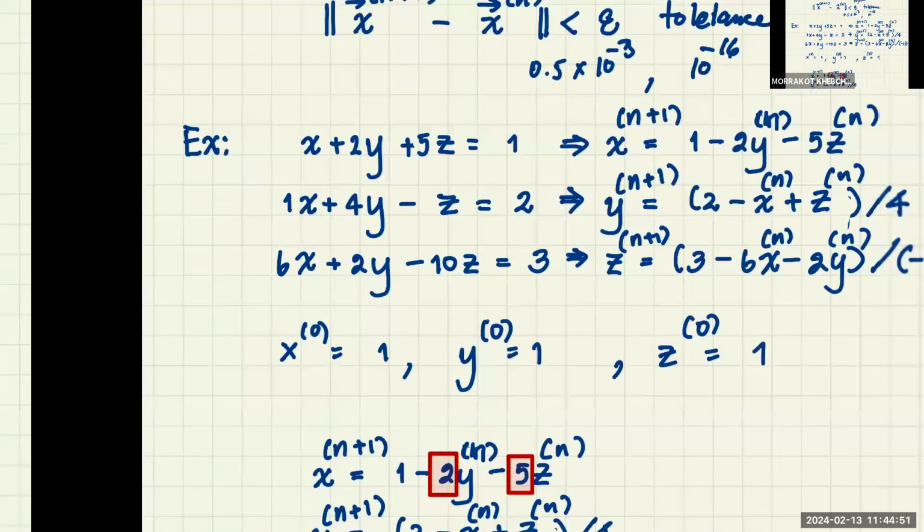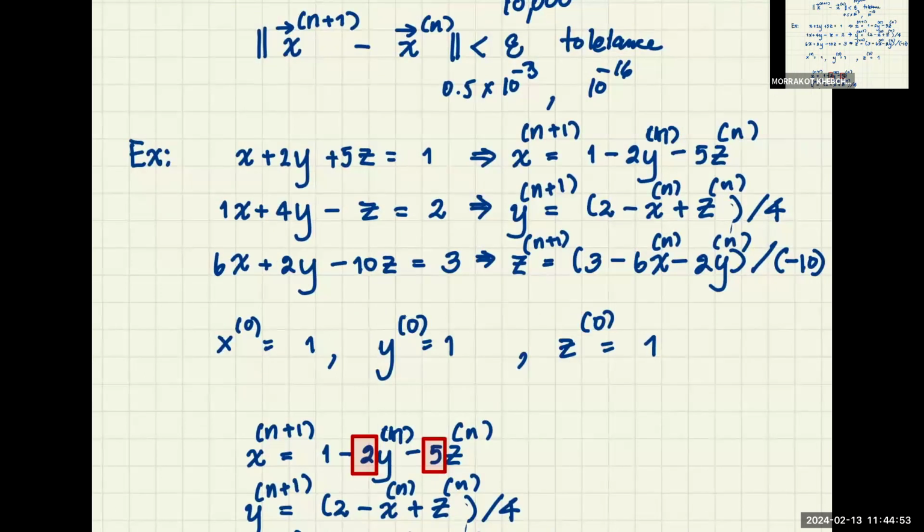Mathematicians know that if you have some number which is greater than 1, multiply it, so your scheme will blow up, okay? No solution. So we try to find the structure that your iterative method will guarantee to have a unique solution, which means to converge to the solution, okay?